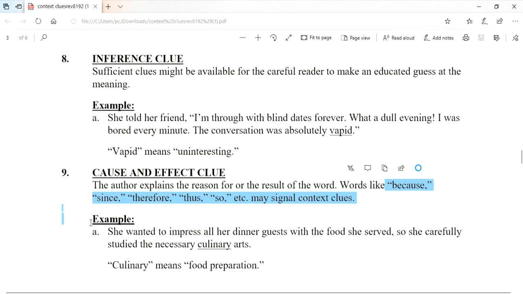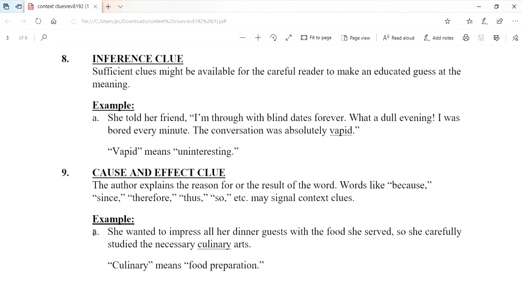So we're looking at examples here. She wanted to impress all her dinner guests with the food she served, so she carefully studied the necessary culinary arts. So we're asking ourselves, what does culinary art mean?